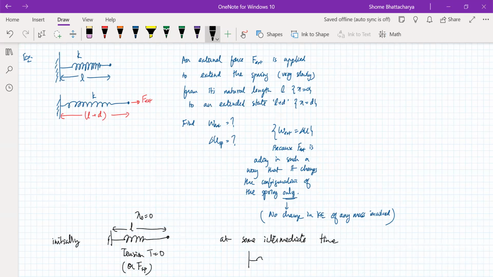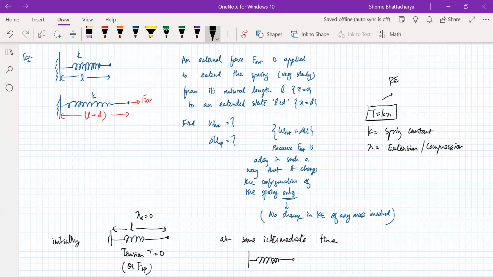Sir, once again, how is tension 0 for the spring? The formula for tension in the spring is given by Kx, where K is the spring constant. Yes, sir. That is a property of the spring, which we've seen before, and x is the extension distance, or compression, whichever be the case. This is the restorative spring force. Yes, sir.